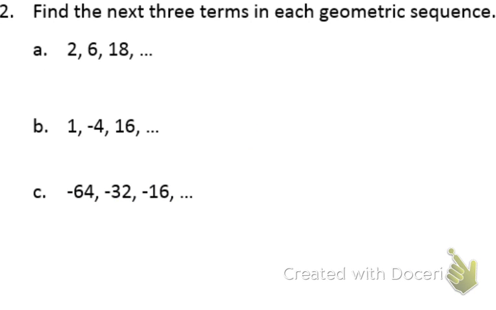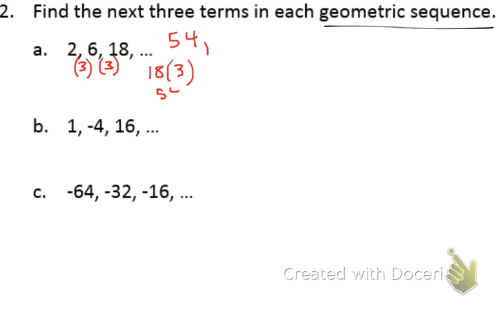Next, we're going to find the next 3 terms. So they're already telling you it's geometric. So we just have to figure out, what do we multiply by each time? 2 times 3 is 6. 6 times 3 is 18. Keep that pattern going. So 18 times 3 gives us 54 for the next term.